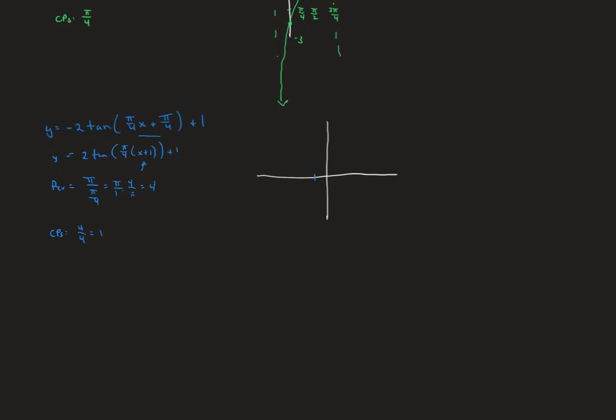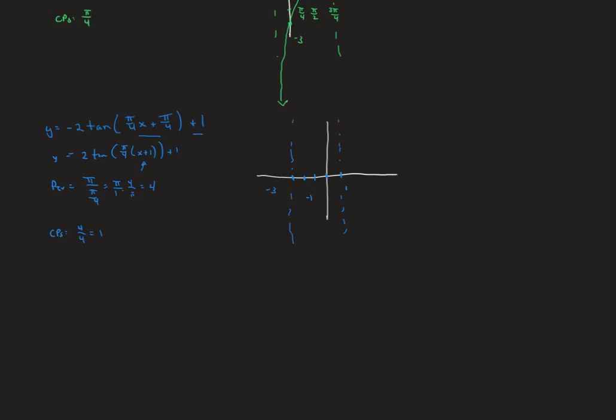So we're going to get a negative 1, and then 0, the y-axis, will be a critical point, and at positive 1, that's going to be the end of our first period. So I'm going to make that be a vertical asymptote. I'm going to go 1 to the left is negative 2, and another to the left is going to be at negative 3, and that's going to be an asymptote.